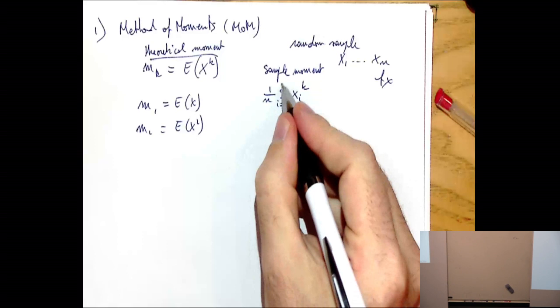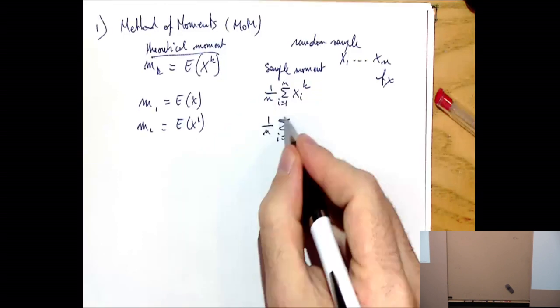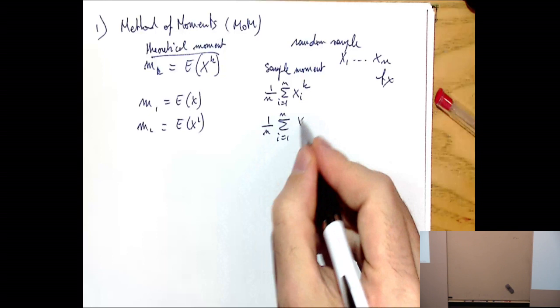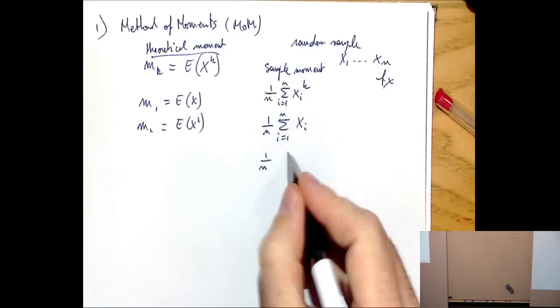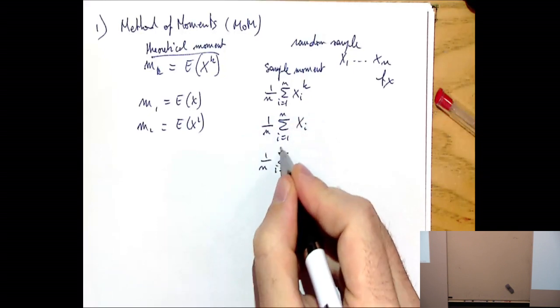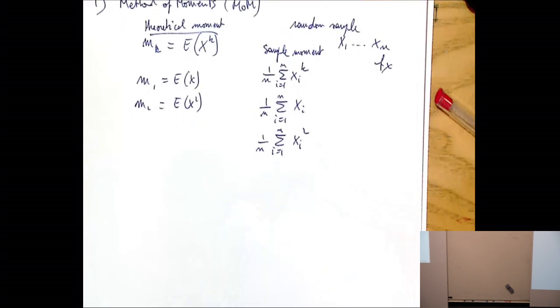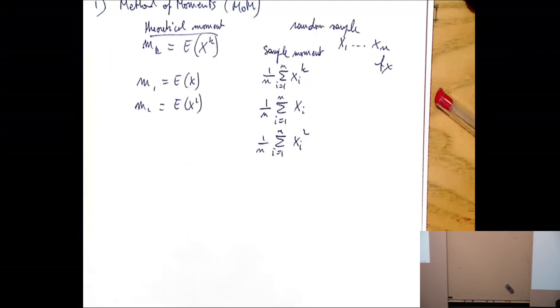The first sample moment is 1 over n times the sum of x i, and the second sample moment is 1 over n times the sum of x i squared.